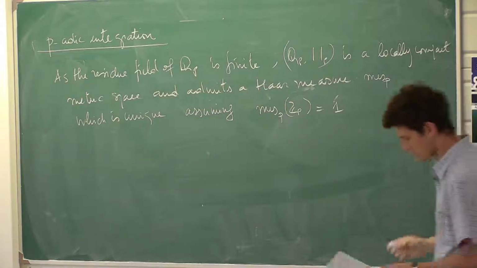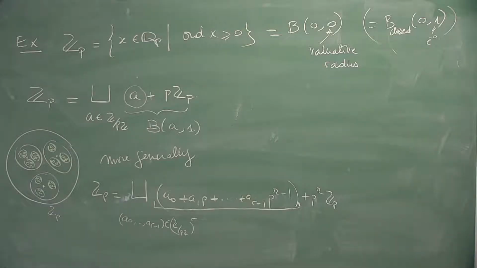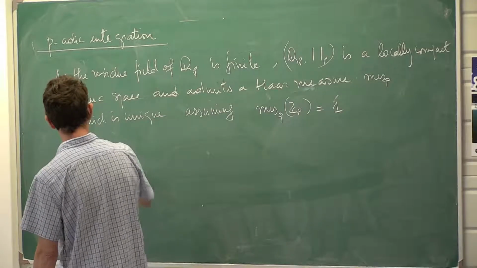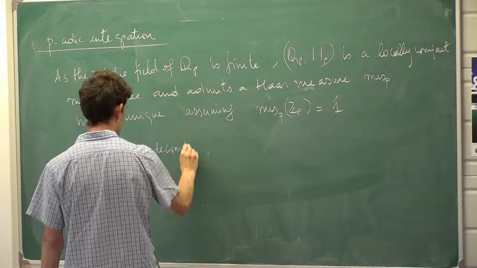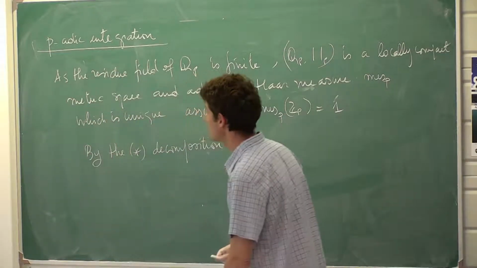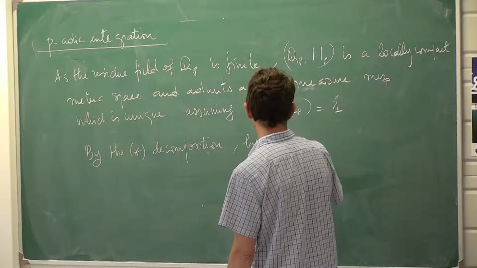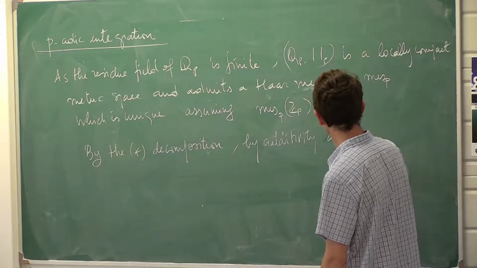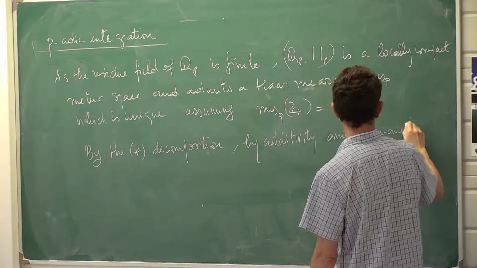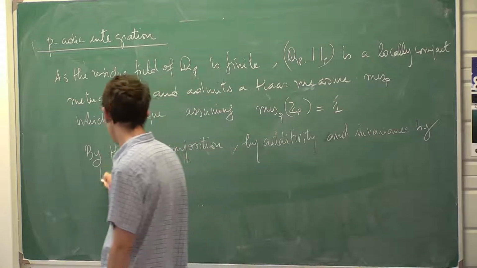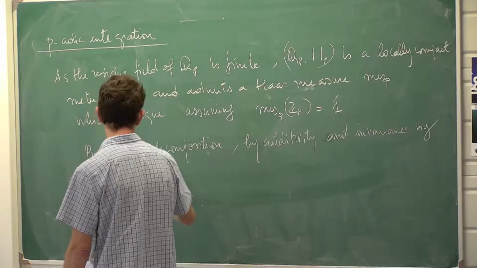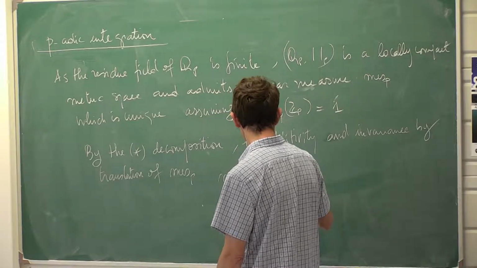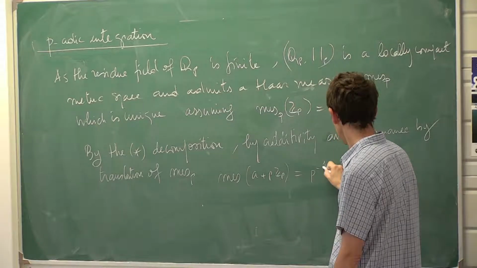unit ball is 1. So using this kind of decomposition, by the star decomposition, and using the fact that the measure is additive and invariant by translation, then you see that the measure of a plus pZ_p should be equal to p^{-1}.